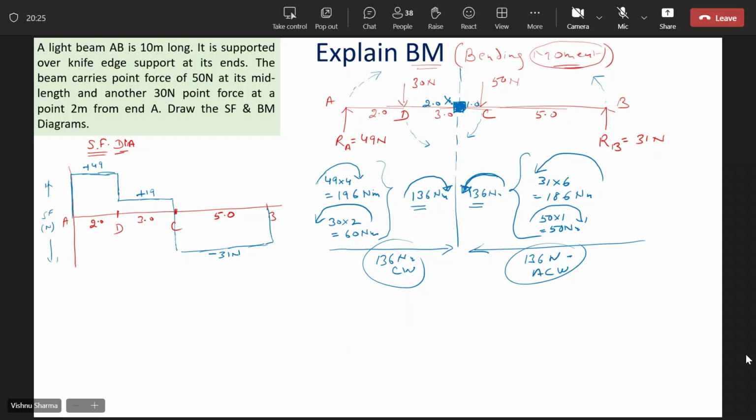To remove this, like yesterday, again a sign convention is introduced. And what is the sign convention for bending moment? When you go from left to right, as you have done in this case, then clockwise moments are taken as positive, and anti-clockwise moments are taken as negative.